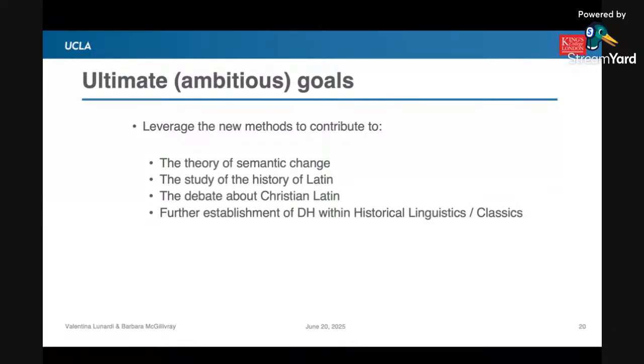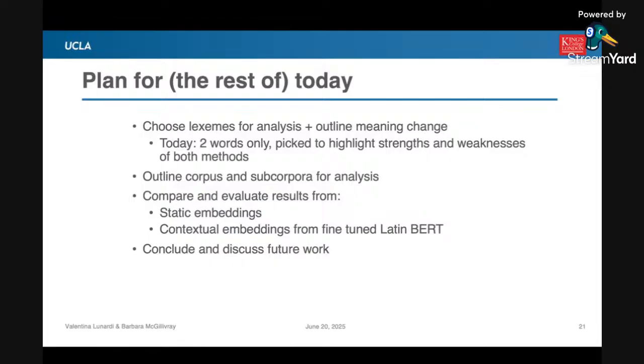I'm not saying these are the goals for today or even for my PhD thesis as a whole. Maybe some of these will be answered there. But the idea is to leverage these new methods to contribute to the theory of semantic change, the study of the history of Latin, the debate about Christian Latin, and obviously further establishing digital humanities within historical linguistics and classics.